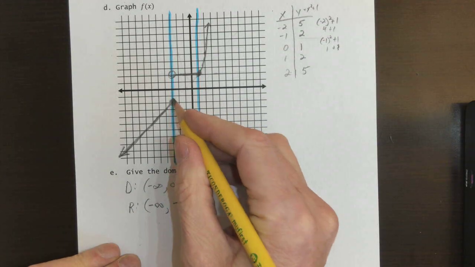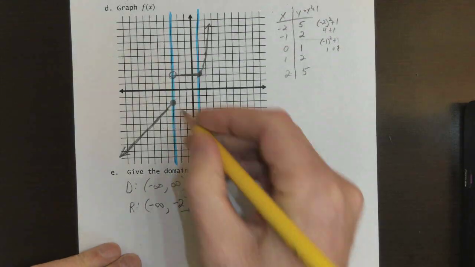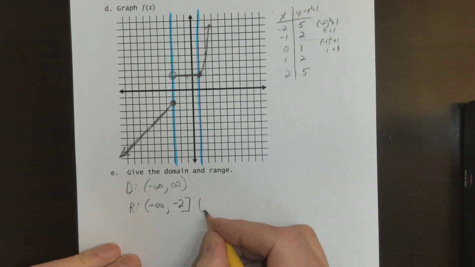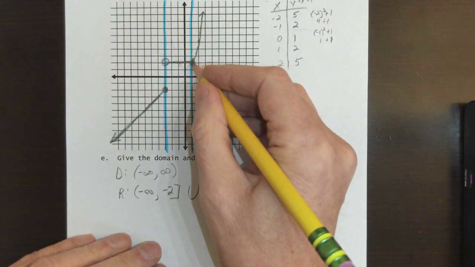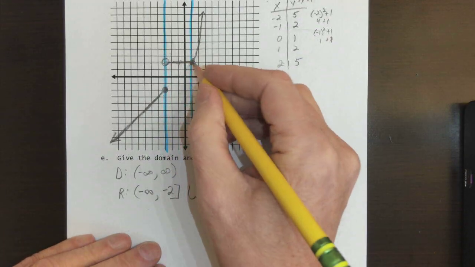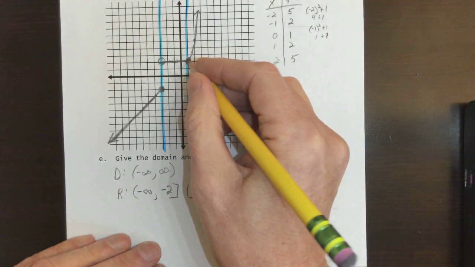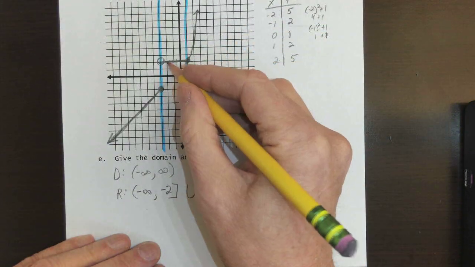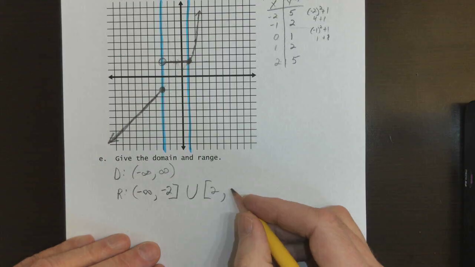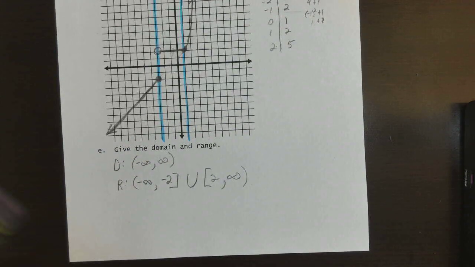I've got a solid dot on that. So I'm going to go there. Then I have this gap. And I'm going to put a U for the gap. Now, notice this is an open circle, but we have this value at 2. We have a closed circle right there. So along here, we have values that are actually 2. So we're going to put a square bracket on that. And I think it'll go up without bound there.